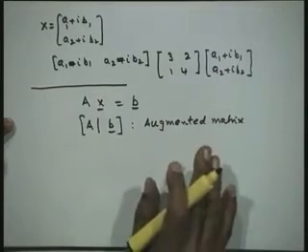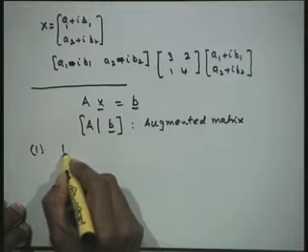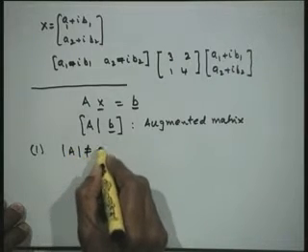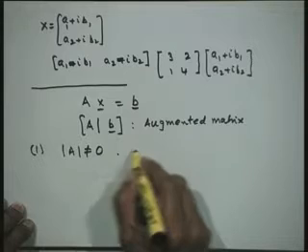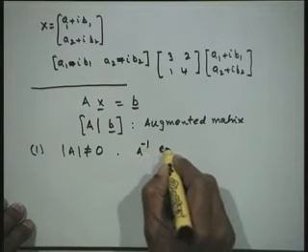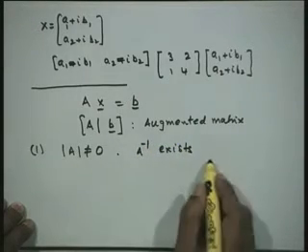For some of the methods which we learnt earlier for the solution of linear equations, let us briefly discuss what the difficulties are in those methods which prevent us from applying them to large systems. Let us assume that the determinant of A is not equal to 0, then A inverse exists.